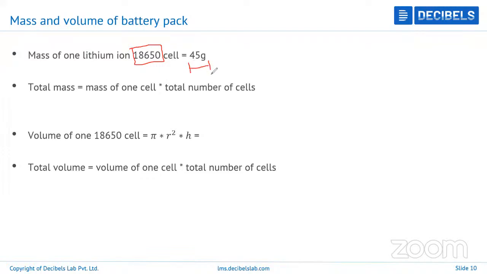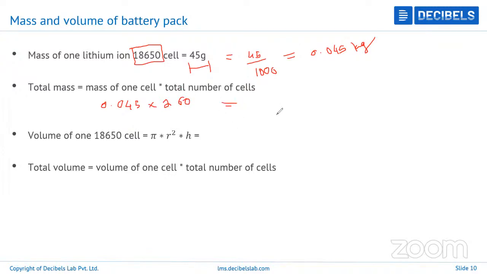In the data sheet, it will usually be specified that the 18650 cell will have a mass of 45 grams. If you convert this to kgs, it's 45 by 1000, which will be 0.045 kilograms, right? So now your total mass will be the mass of one cell, 0.045, into the total number of cells, which we saw in the previous example, it will be 260, right?